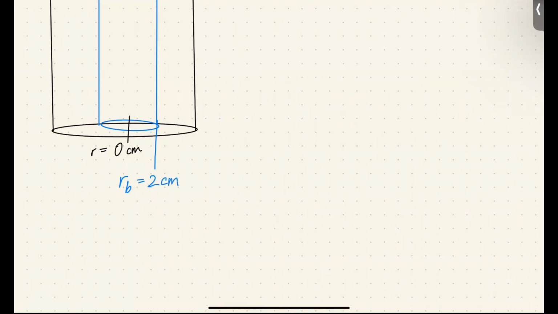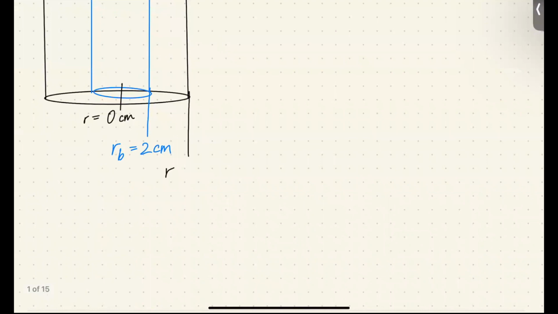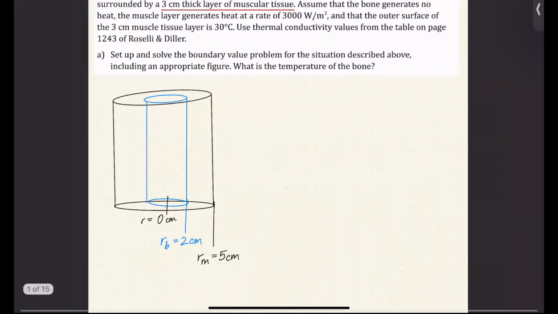And then we have right over here our muscular tissue. So we're going to say RM for muscle is what? We have thickness of 3 centimeters. So that's 5 centimeters. So that's how we first have our initial drawing.